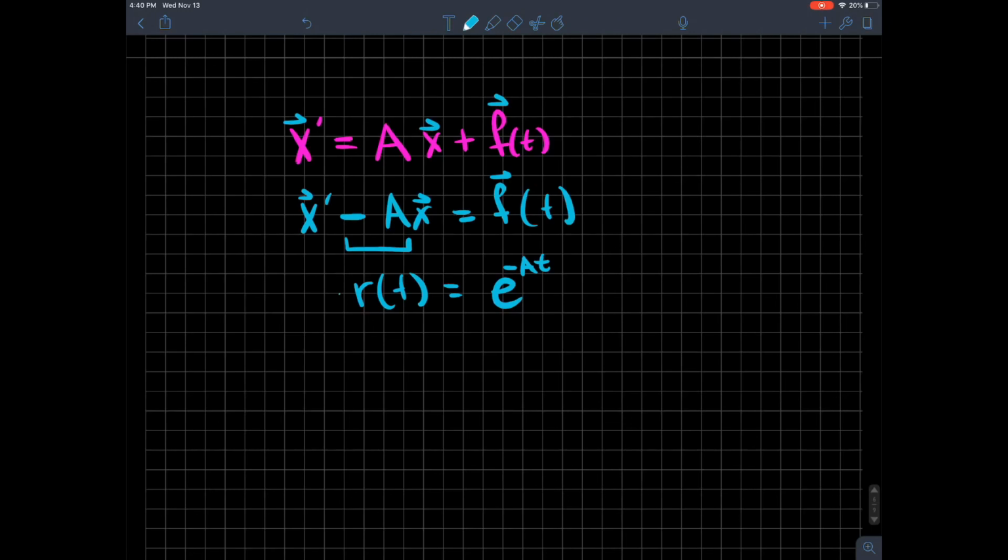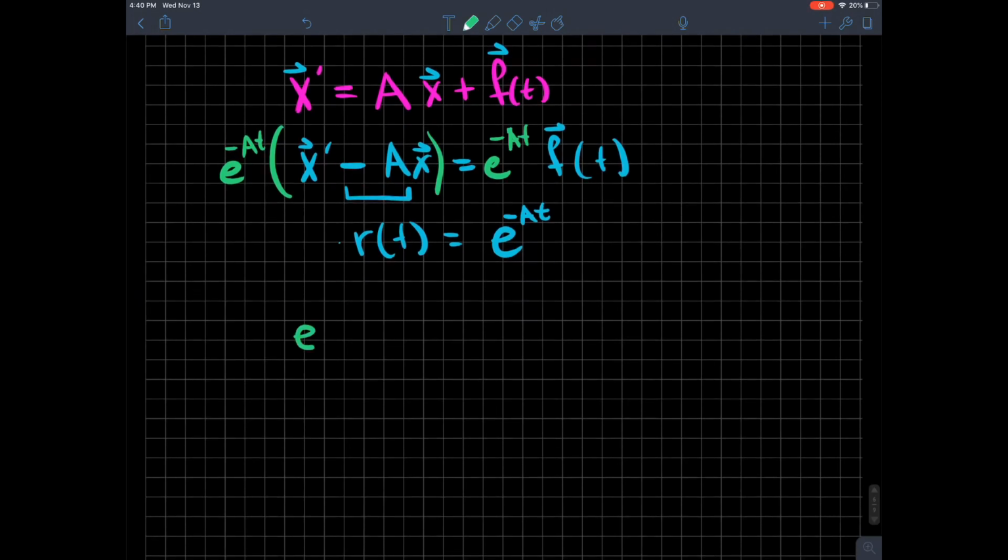So if we multiply from the left, let's go ahead and do that here. Scoot this over a little bit to the right. We're going to have e to the negative at. So doing this, we're going to get e to the negative at times the derivative of x minus e to the negative at times A times x is equal to e to the negative at times f of t.